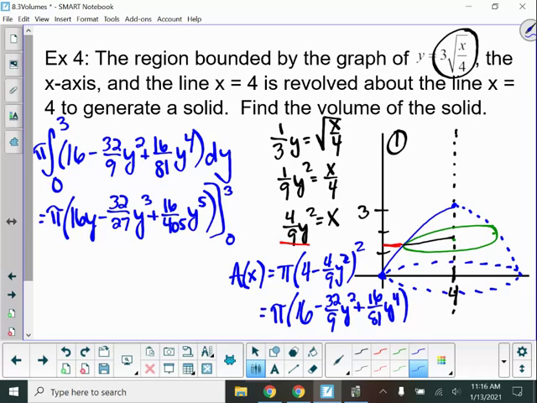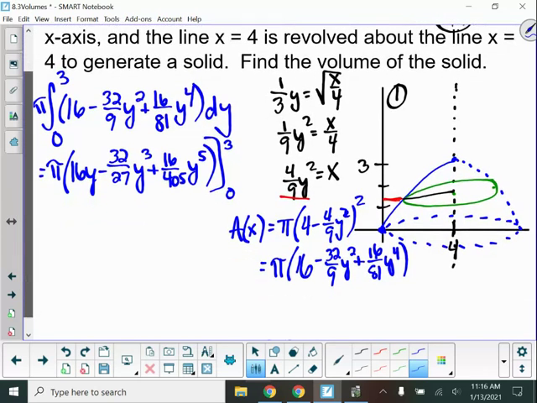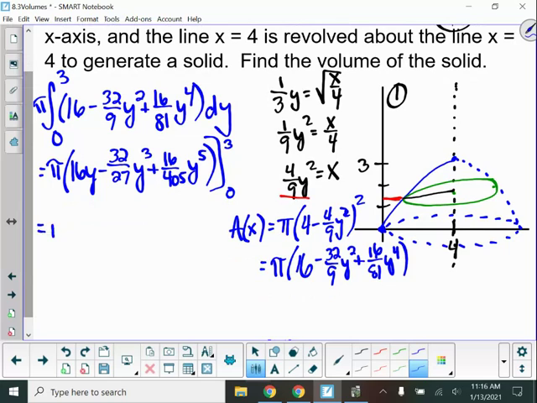Luckily, when we plug in 0, we are just going to get 0. So really, it's the plugging in of the 3 that I need to be concerned about. So pi times 16 times 3 minus 32 over 27 times 3 cubed plus 16 over 405, 3 to the 5th power.